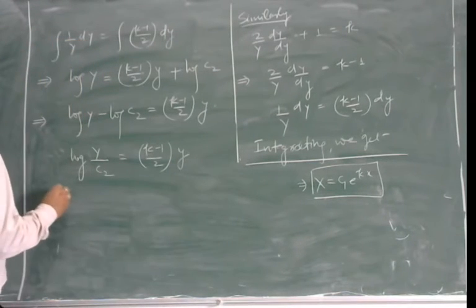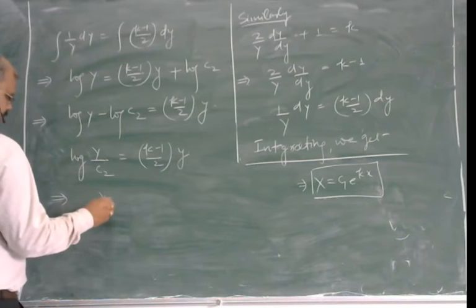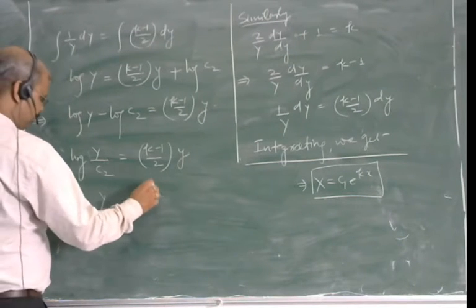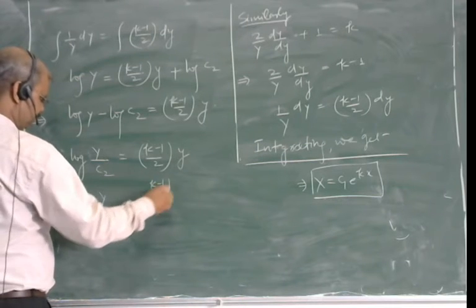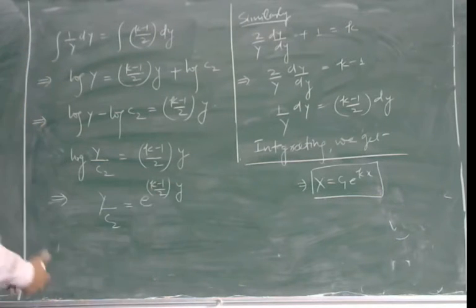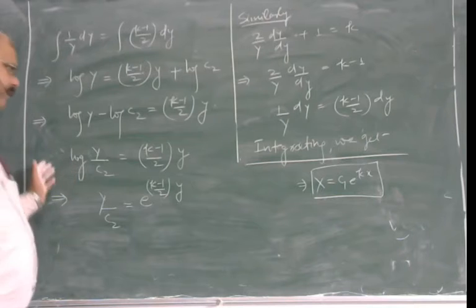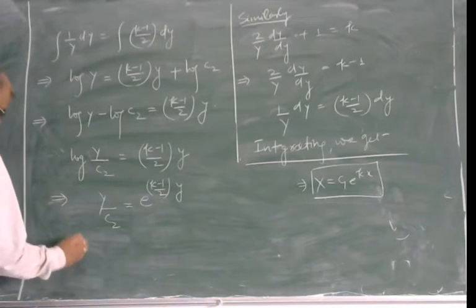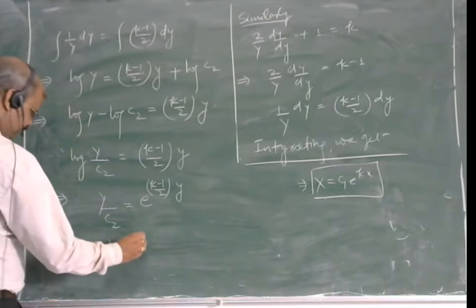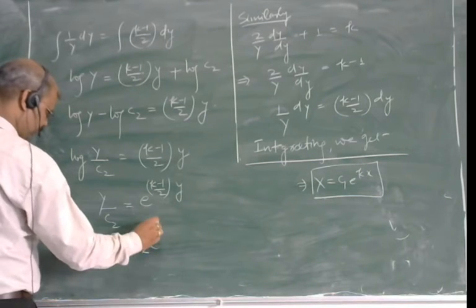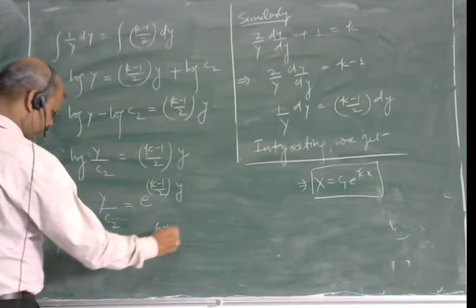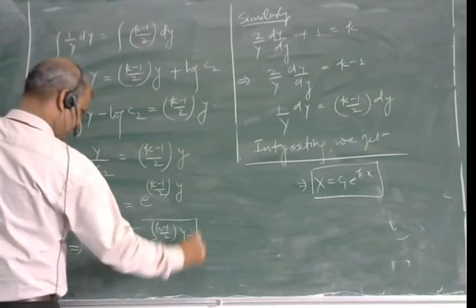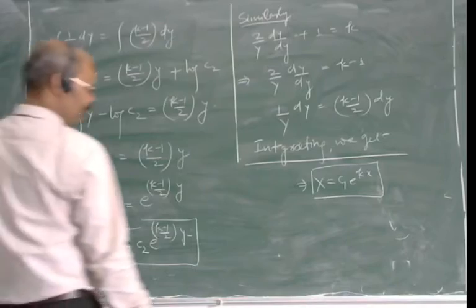This implies that Y/c2 equals e to the power (k minus 1)/2 y. Because if log goes from left to right, it becomes exponential. So Y equals c2 into this. This is the expression of capital Y in terms of small y.